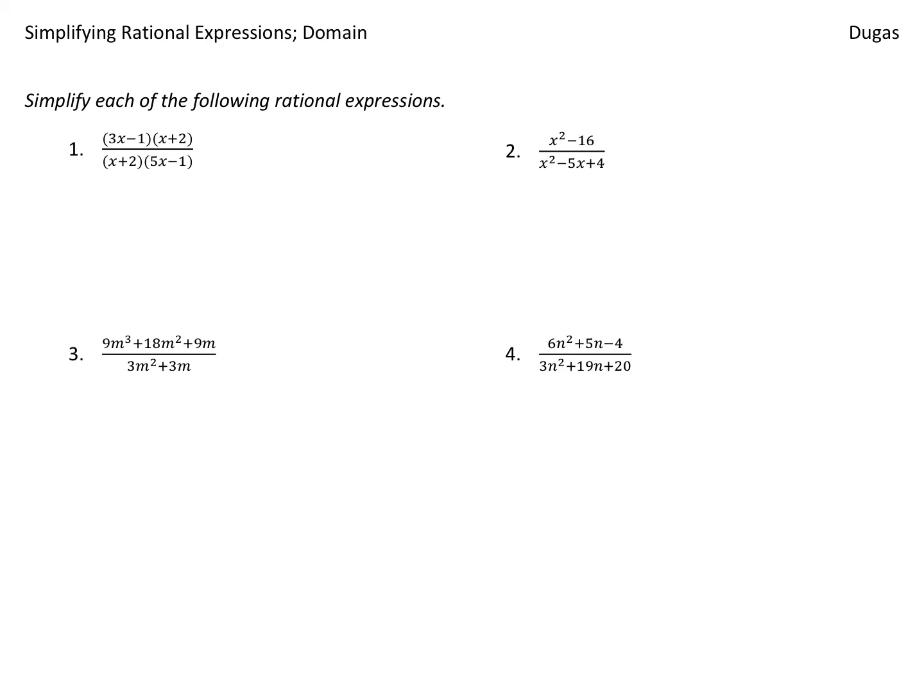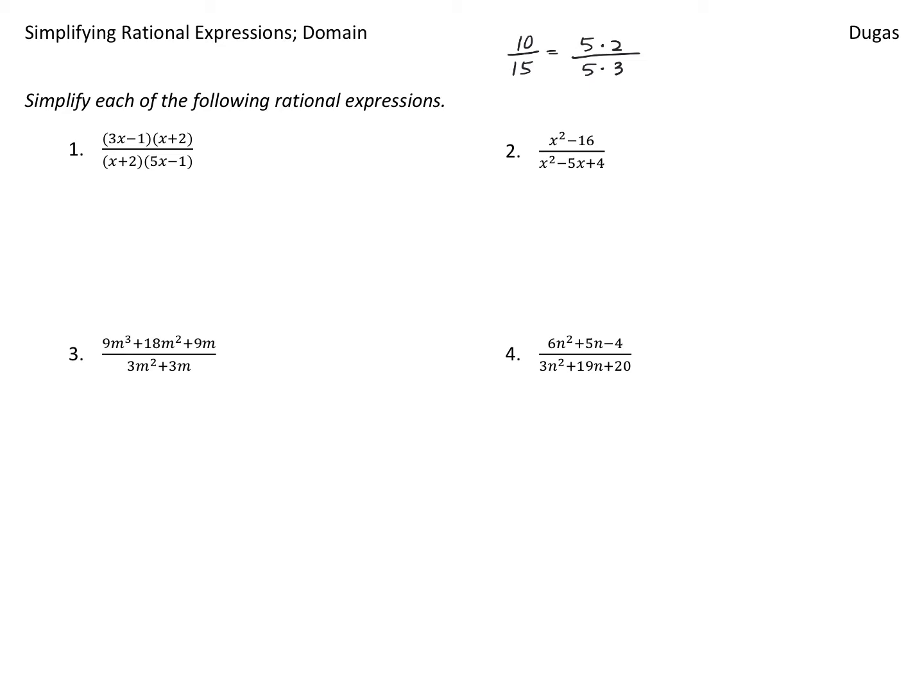If you remember when you were reducing fractions, let's say you had 10 over 15. 10 you could rewrite as 5 times 2, and 15 you could rewrite as 5 times 3. So 10 is factored into 5 and 2. It's multiplied together to get 10.